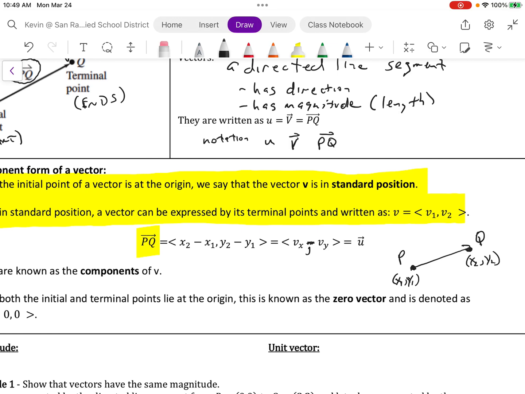This is P and this is Q. So if we were writing the vector, it would be the ending point minus the starting point. That should be familiar to you. So it's the terminal point minus the initial point.